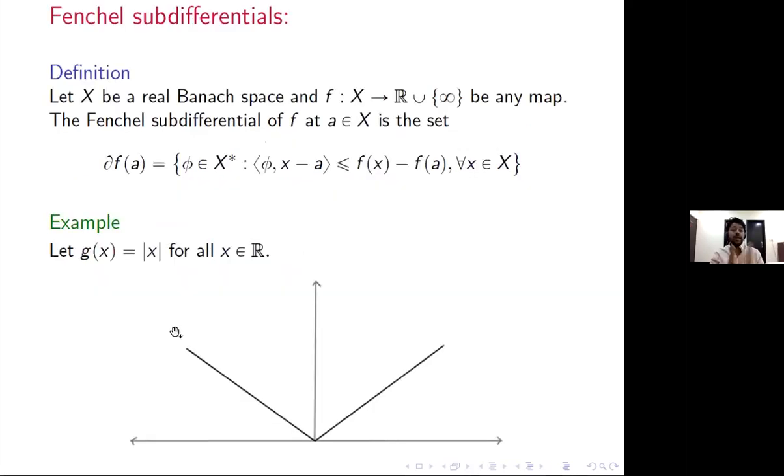We study the Fréchet subdifferential. Let X be a real Banach space and f be an extended real valued map from X to R, which can also take value infinity.